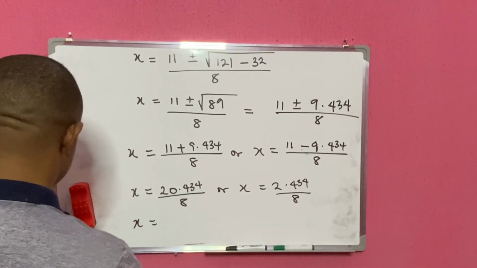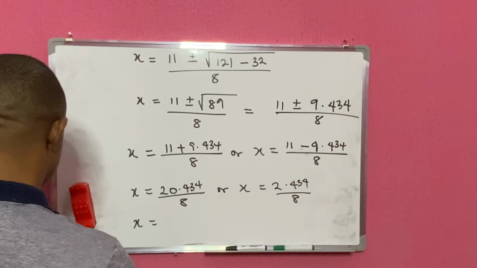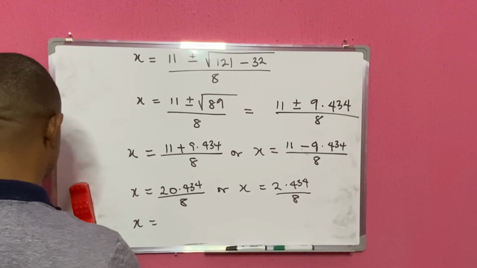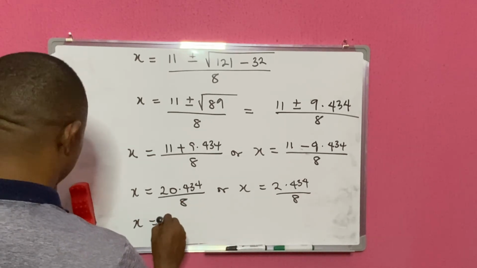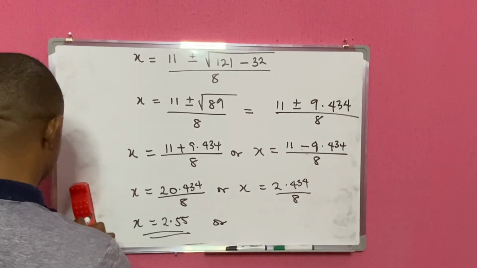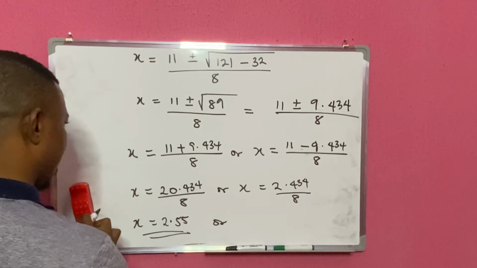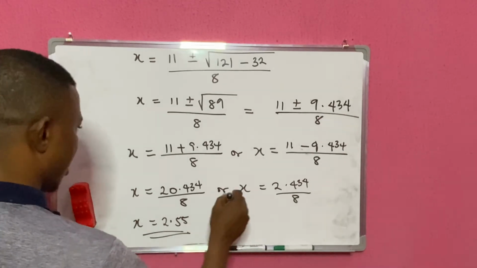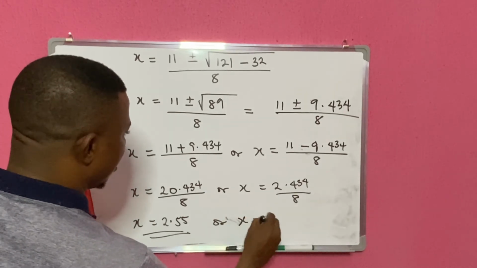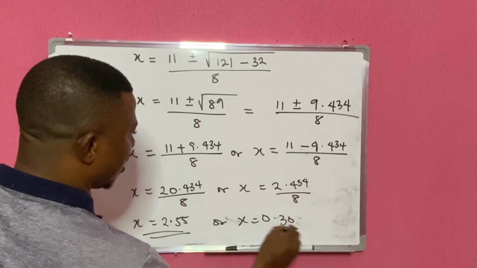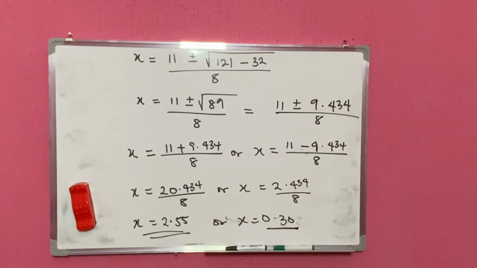So x is equal to 20.434 divided by 8, which is 2.55, or 1.566 divided by 8, which is 0.196. So this is your answer.